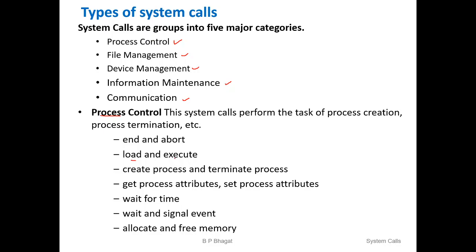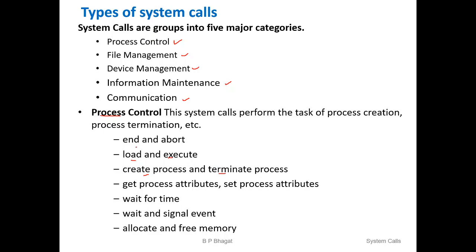Once the program is loaded into the memory, the program is executed. That is, the process is executed. So the system call used for it is execute. In order to create any particular process, the system call used is create, and in order to terminate any process, the terminate system call is used.